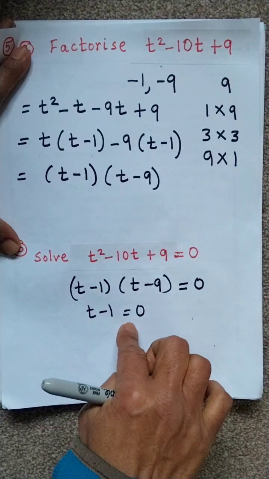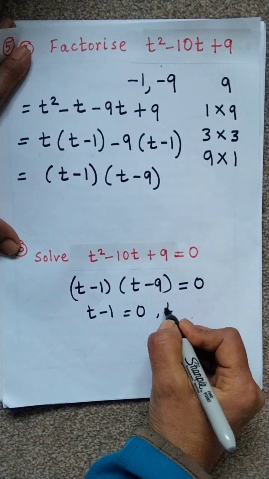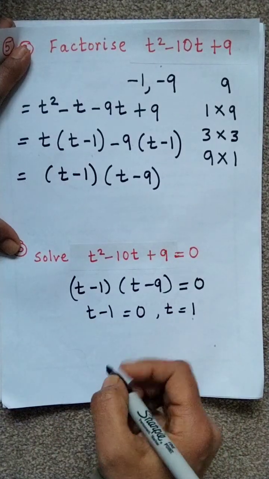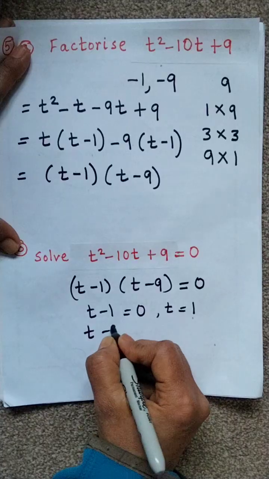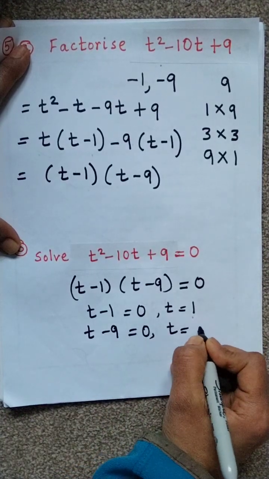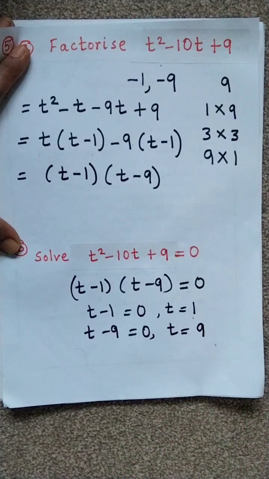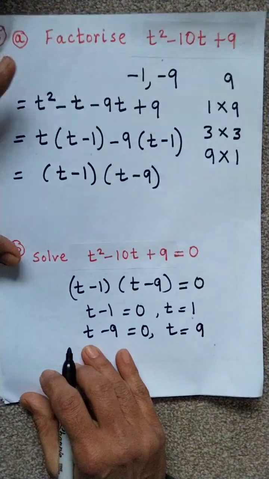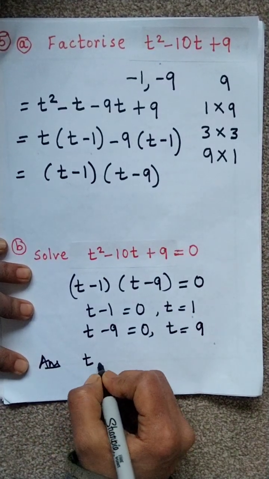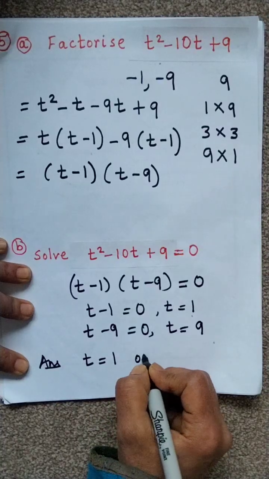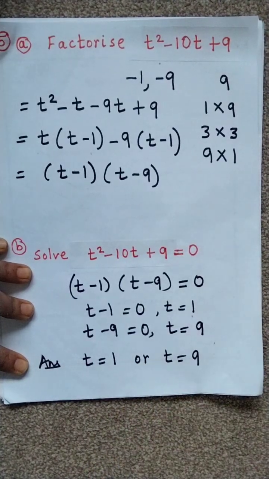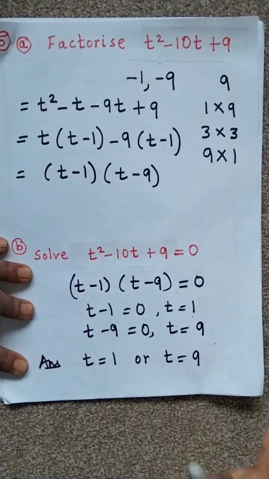If t minus 1 is equal to 0, then what is t? t is equal to 1 plus 1. Okay, or if t minus 9 is equal to 0, then t is equal to 9. Okay, therefore the solution is t is equal to 1 or t is equal to 9 is the required answer.